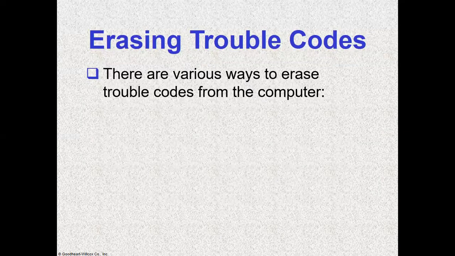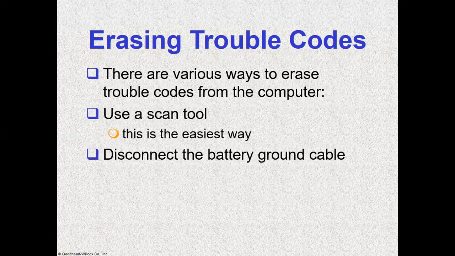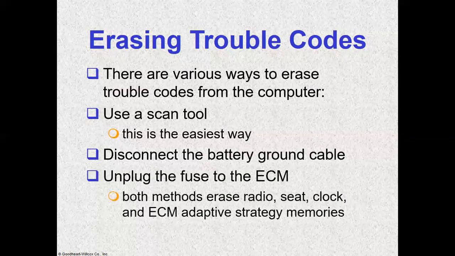So there are various ways to erase trouble codes from the computer. Use a scan tool, this is the easiest way. Another way is to disconnect the battery ground cable, or unplug the fuse to the ECM. Both methods erase radio, seat, clock, and ECM adaptive strategy memory.